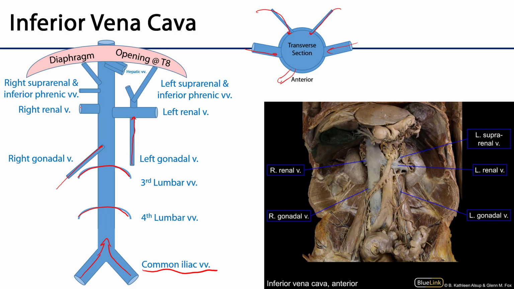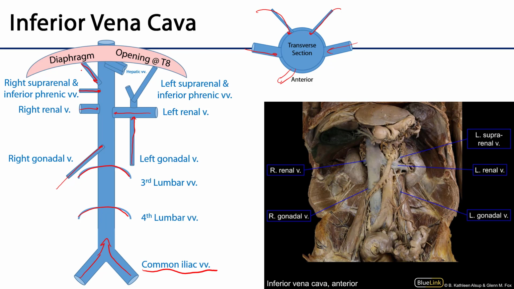The renal veins are very likely going to be the largest visceral branches into the inferior vena cava. On the right side, we'll also have the right suprarenal vein and the right inferior phrenic vein feeding into the IVC.